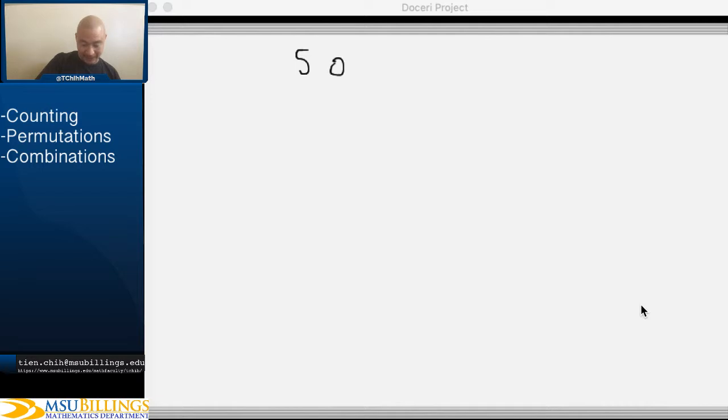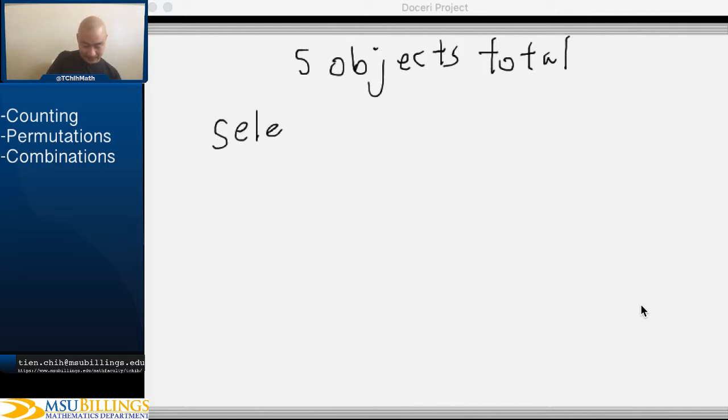All right? And so to recap, if we have 5 letters, or let's say 5 objects total, the number of ways if I select some number of them to arrange and then number of arrangements.